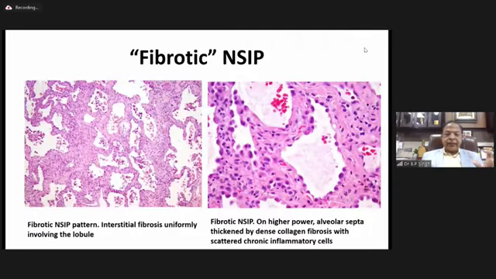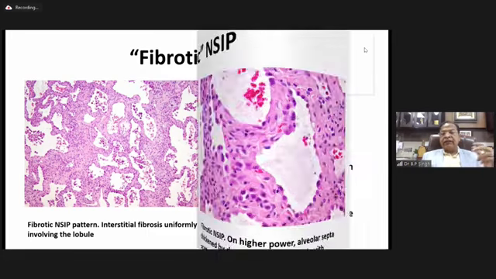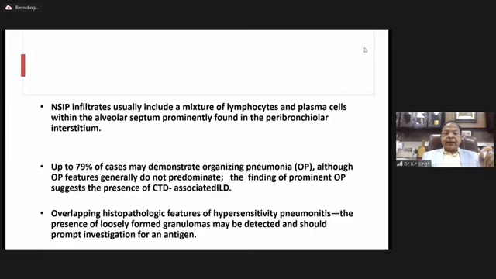In the fibrotic NSIP, there is an NSIP pattern where the interstitial fibrosis uniformly involves the lobule. On high power, the alveolar septa are thickened by dense collagen fibrosis. In place of the cellular element, it's collagen fibrosis with scattered chronic inflammatory cells. That is the fibrotic NSIP. NSIP infiltrates usually include a mixture of lymphocytes and plasma cells within the alveolar septum, prominently found in the peribronchial interstitium.